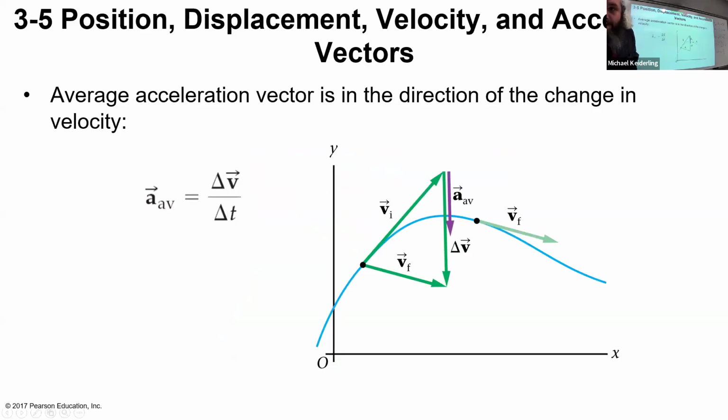Let me move this out of the way. And the average acceleration vector is just the change in velocity over delta t.